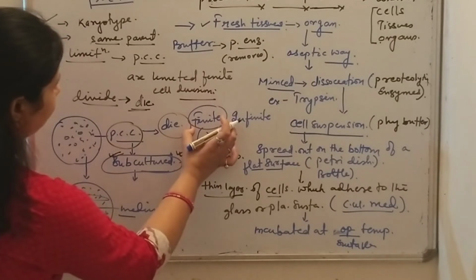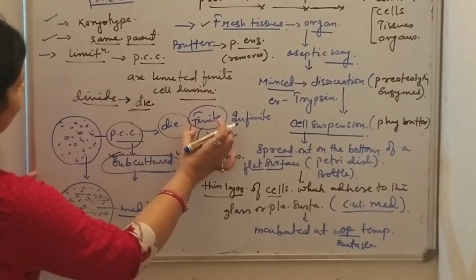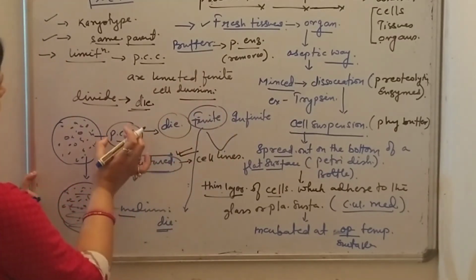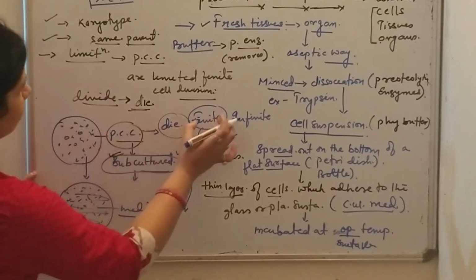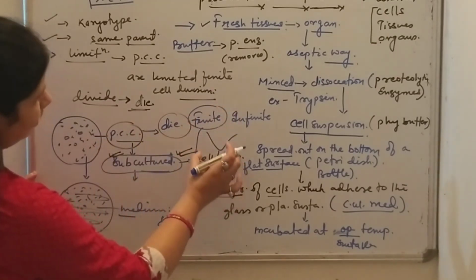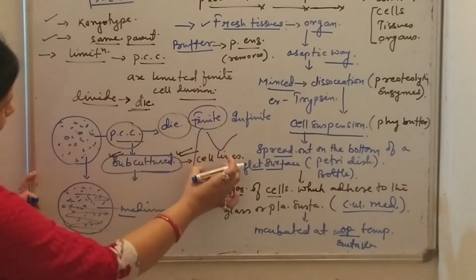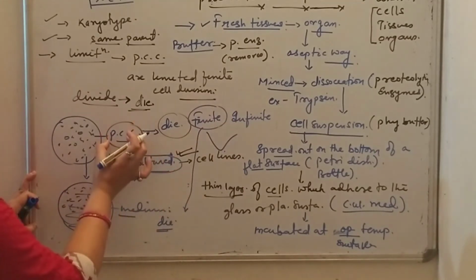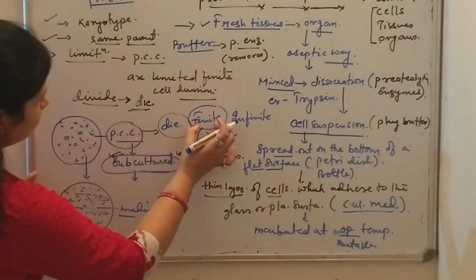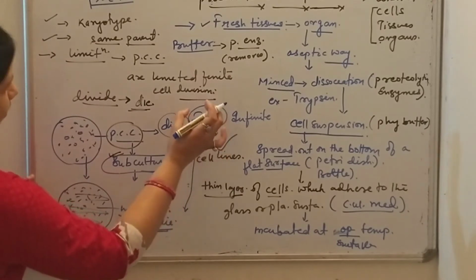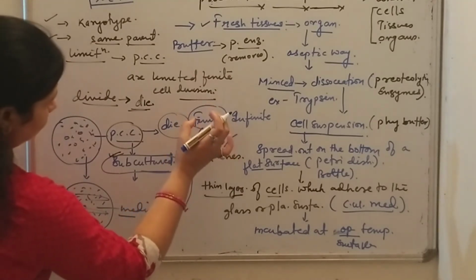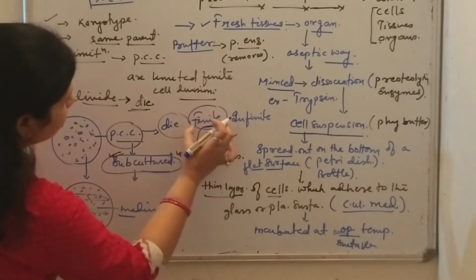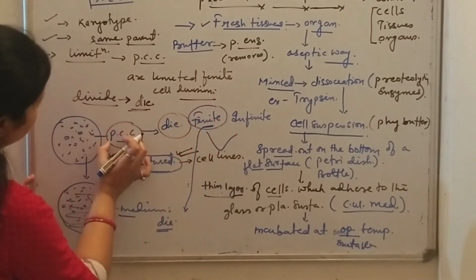But this finite cell line is not exactly the primary cell culture, because these finite cell lines have been obtained after the subculturing of the primary cell culture. So this is different, but the cells have similar characteristics to the primary cell culture.